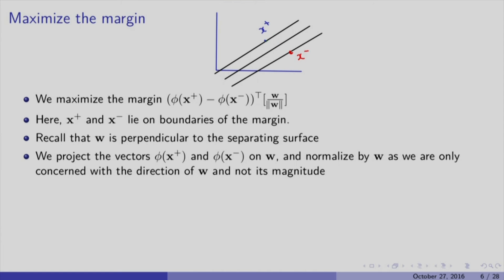We do that by projecting this vector phi(x plus) minus phi(x minus) on the vector that is orthogonal to the separating hyperplane.